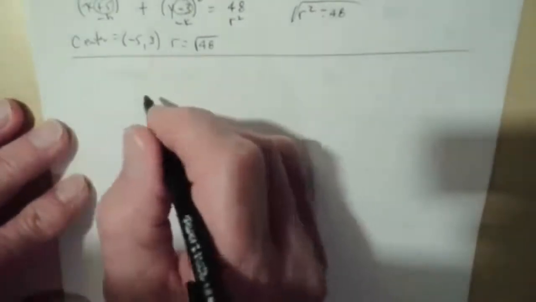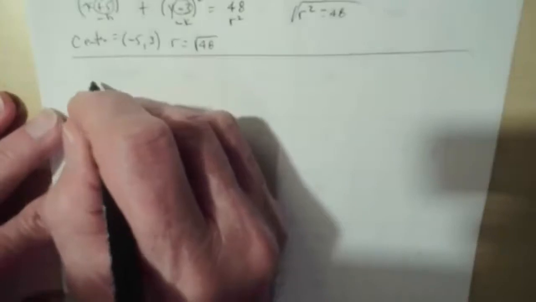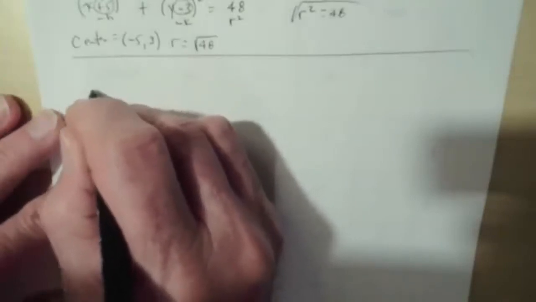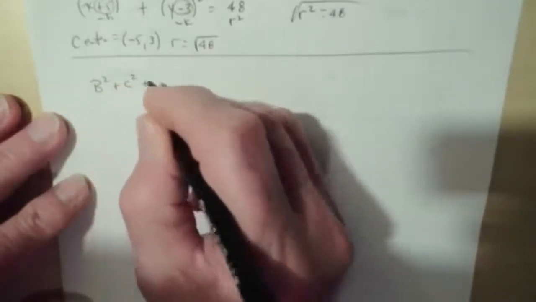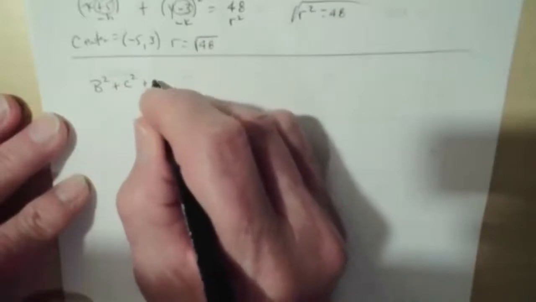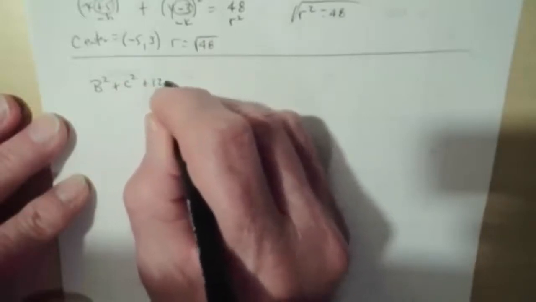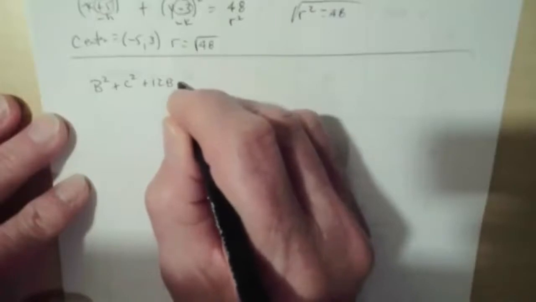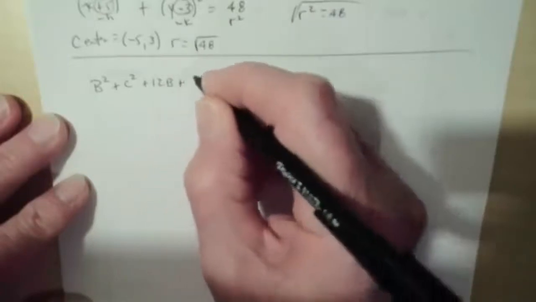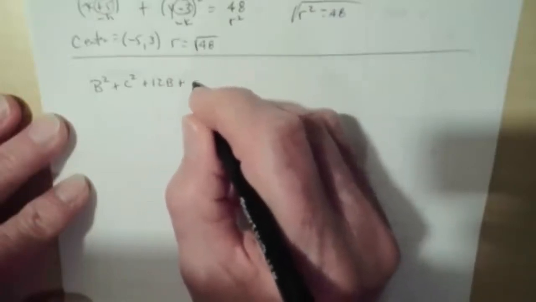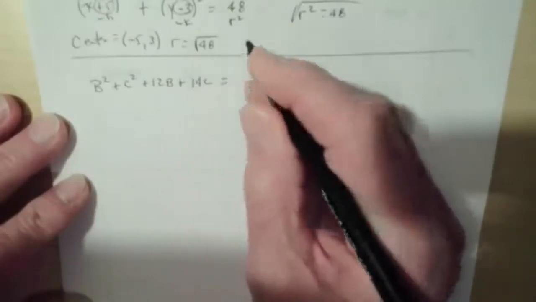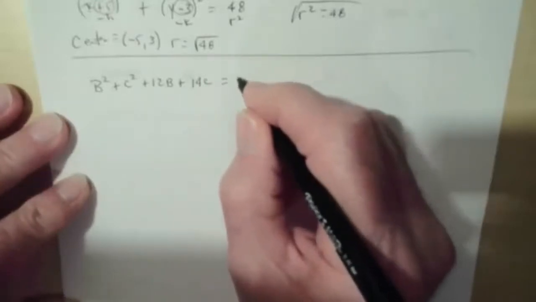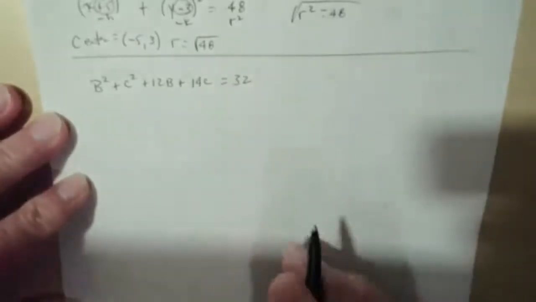Okay, now what if we have this? If we have b squared plus c squared plus 12b plus 14c equals 32.